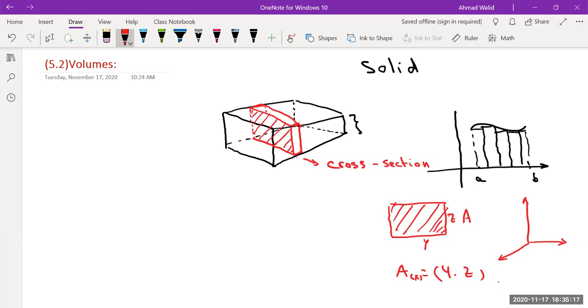Now, from here to here, you can name it delta X. If I bring this section out for you and zoom it a little bit, I'll try to draw it nicely for you. It's really difficult to draw with no tools.